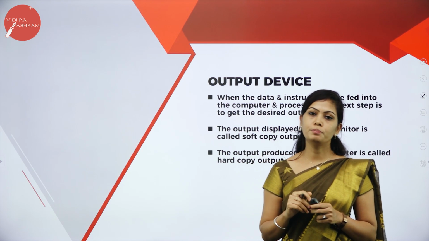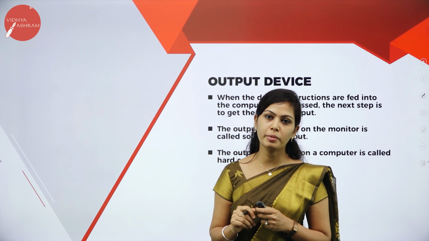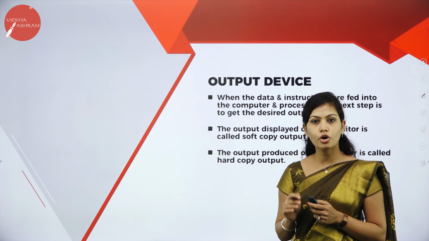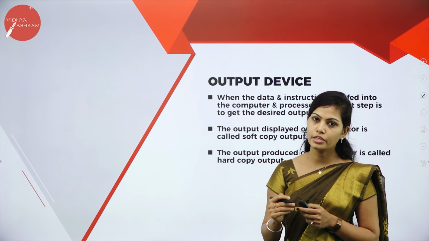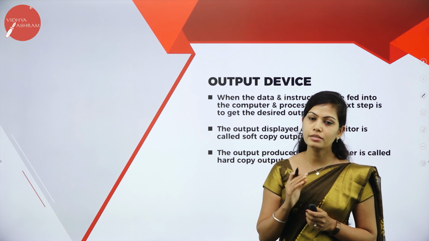Next we have output devices. Without an output device, we can't get any useful information called output. What is an output device? The process of producing results for the users. It can be in the form of visual display or printed format.